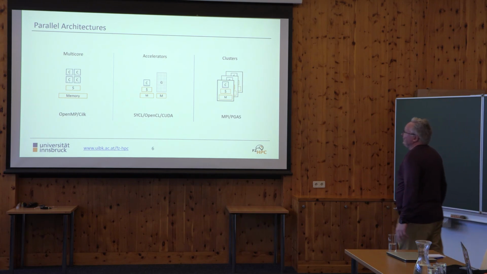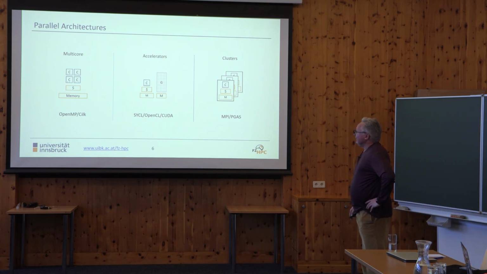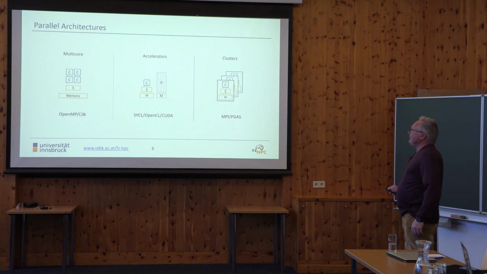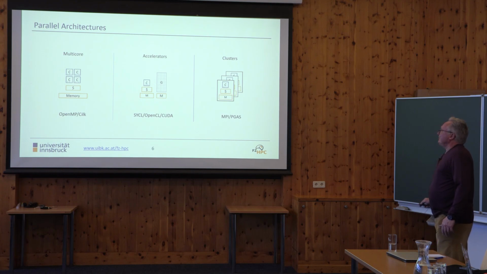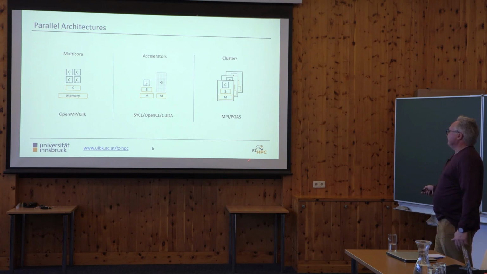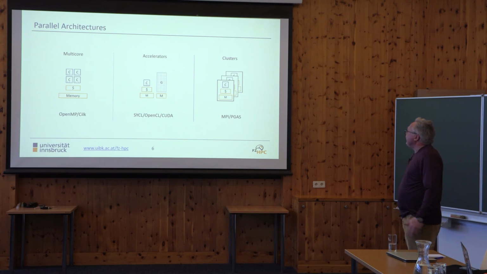So the motivation of the AllScale project, I think, is still valid now. You have shared memory nodes that are usually programmed with OpenMP, Cilk, or something else. Then you have accelerators, so you have CUDA, but these days also SYCL plays a role. And then you have distributed memory clusters, which are mostly programmed with MPI.